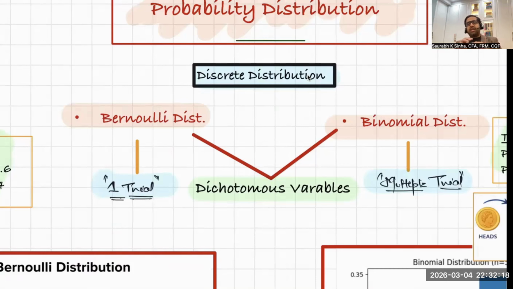Now, what is that component which is so identical that we have to discuss both the distributions simultaneously? It is that you cannot use these two distributions unless the entity is a dichotomous entity or a dichotomous variable. What is the meaning of dichotomous? Anything which has two outcomes.